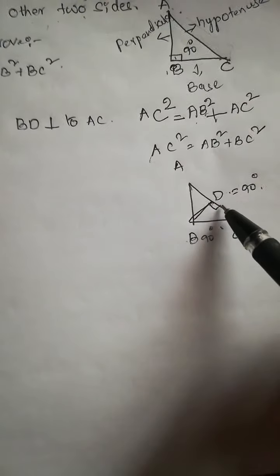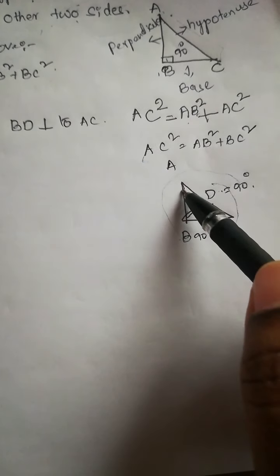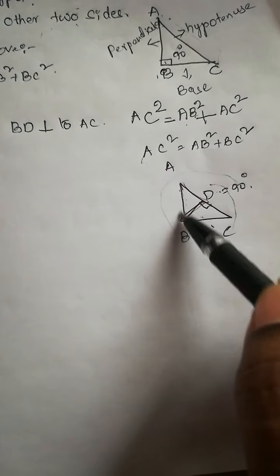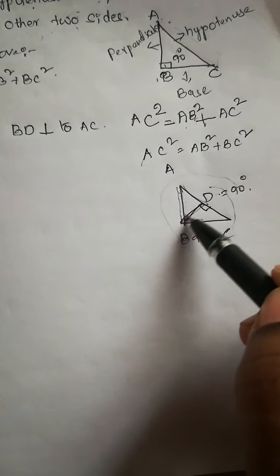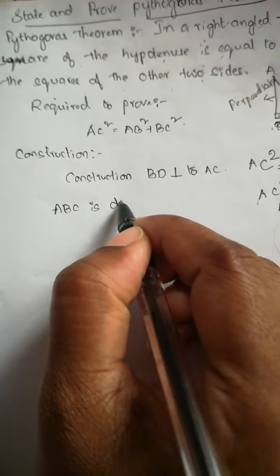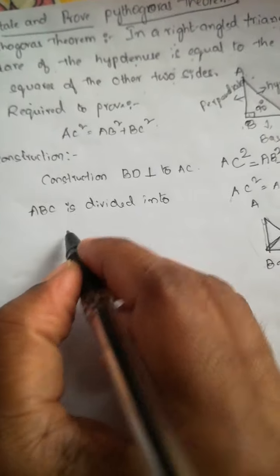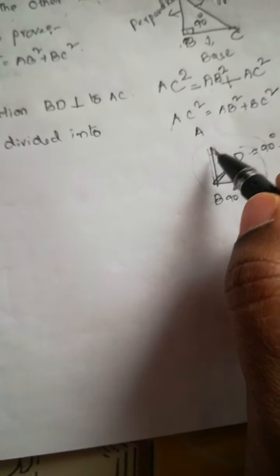Now you observe, if we draw BD, the total big triangle is divided into two small triangles. One is this one and one is this one. The first triangle is ADB and the second triangle is BDC. ABC is divided into triangle ADB.